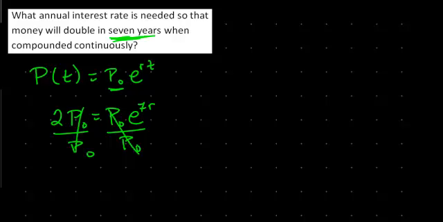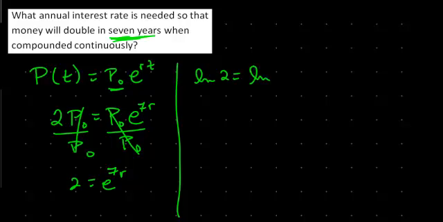They cancel each other. We get 2 equals e to the 7r. Okay, and now we're going to take the natural log of both sides. ln of 2 equals the ln of e to the 7r.